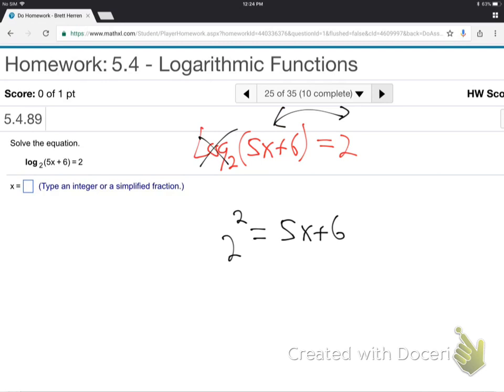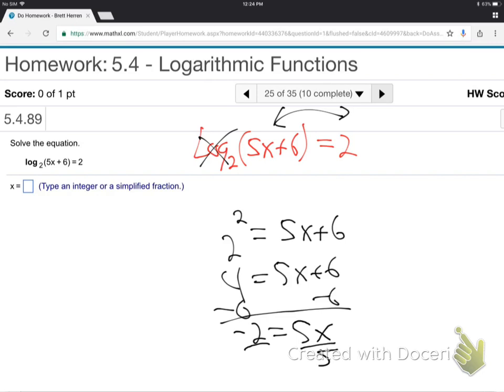Is that good? And then 2 to the 2 is just 4. Then you just solve for x. Subtract 6. So negative 2 is 5x. Divide by 5. Negative 2/5. We good?